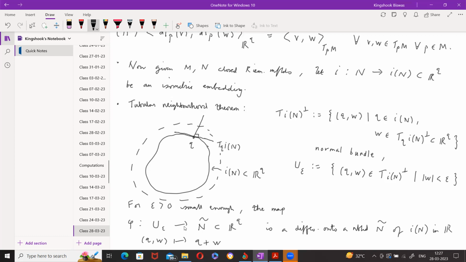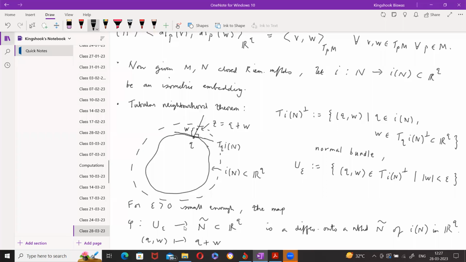Okay. Yeah. So that means that any point in this neighborhood, say a Z here, I can write as Q plus some vector W, which is perpendicular to the tangent space. Okay. So this vector here, this is W. All right.